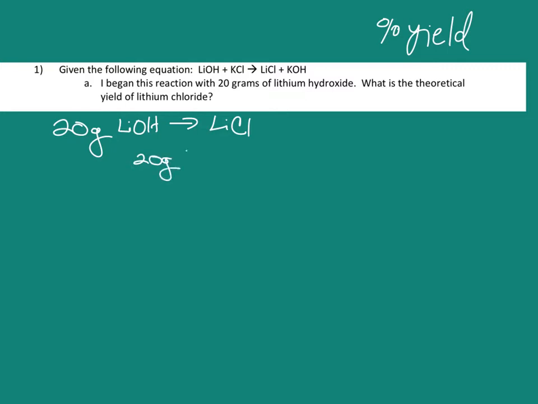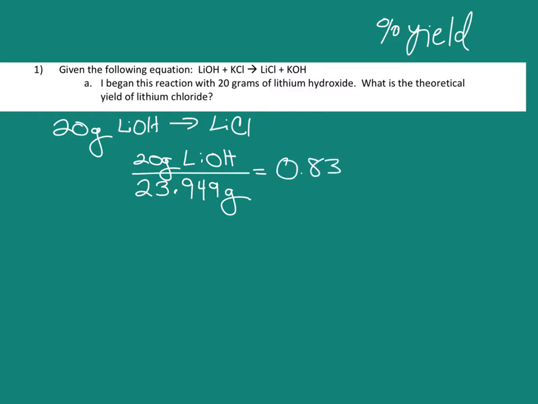It is. So the first thing you need to do is to convert from grams of lithium hydroxide to moles of lithium hydroxide. Because, of course, you cannot directly compare grams to grams. So the molar mass from the periodic table is right there.